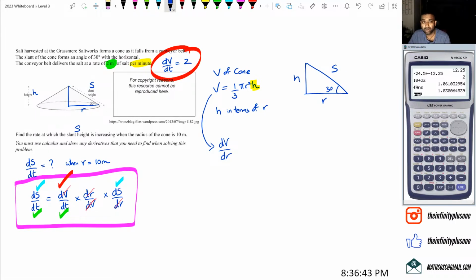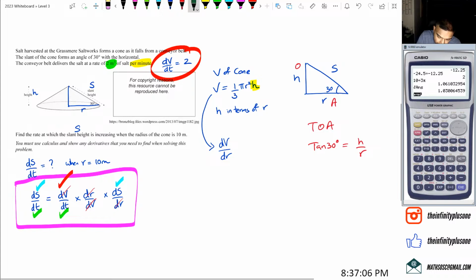That's the triangle from the middle of the cone. So once I have that, I can use basic trigonometry and come up with opposite and adjacent. So I've got TOA: tan 30 equals opposite over adjacent, which is h divided by r. In other words, h is equal to r tan 30 degrees.